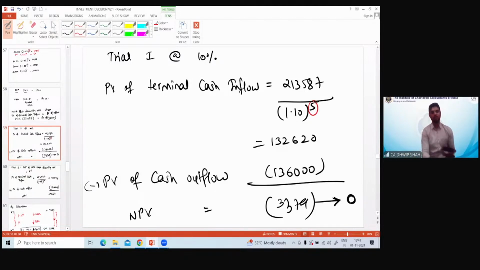It comes to 132,620. By now, you should know how to calculate discounted value and future value on the calculator. This was taught at a lower level.